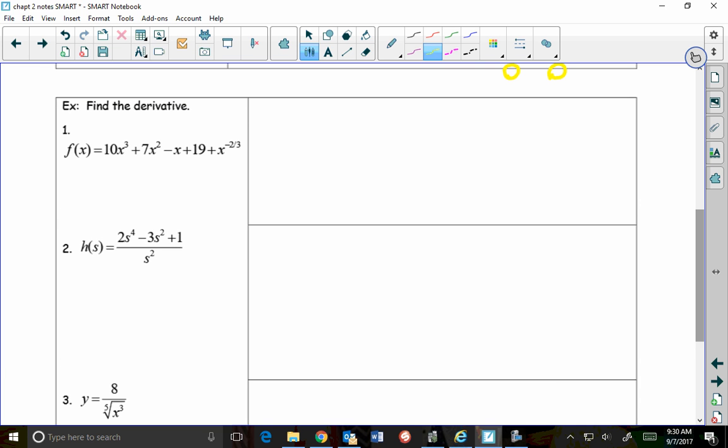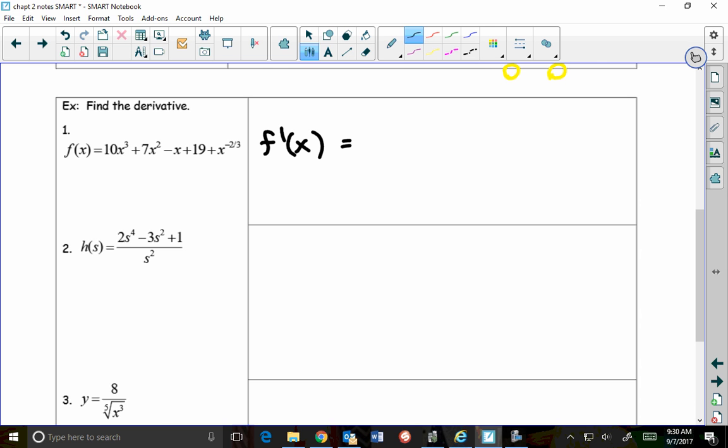Okay, refocus. We're going to look at number 1. Are all of these plus or minus? So can I do them each separately? Yes. So as I go to do the first one, well, first off, f becomes f prime when I go to take the derivative.